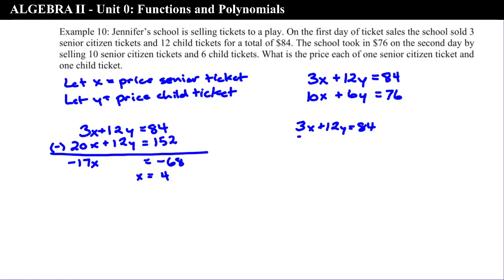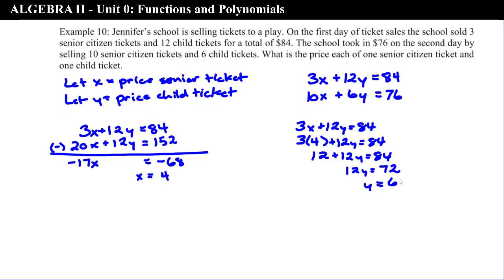So we've got 3 times 4 plus 12y equals 84. 3 times 4 is 12. Subtract 12 from each side, you get 12y equals 72. And 72 divided by 12 is 6. So now we have x equals 4 and y equals 6.